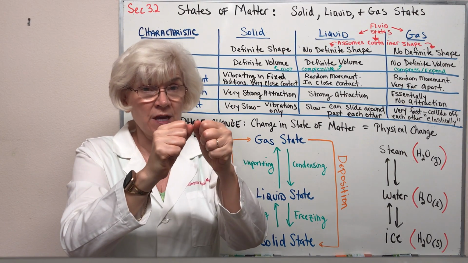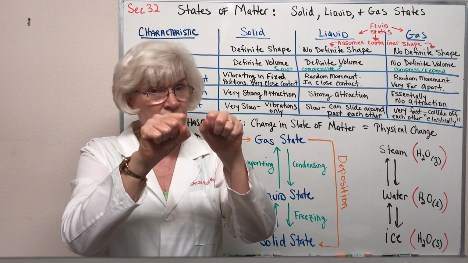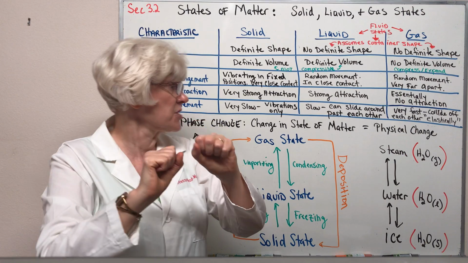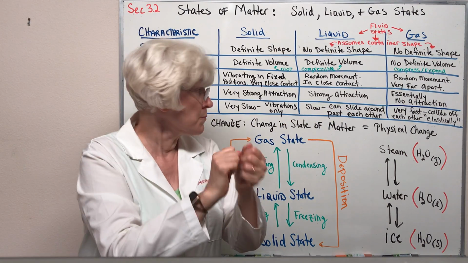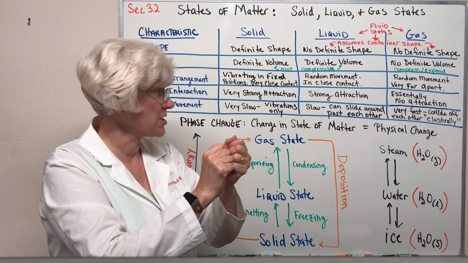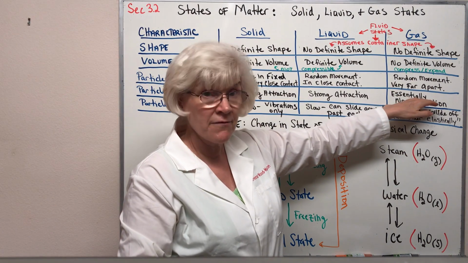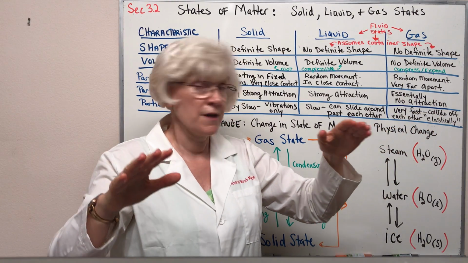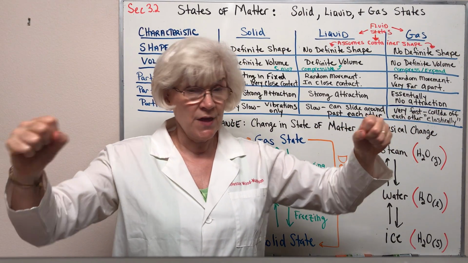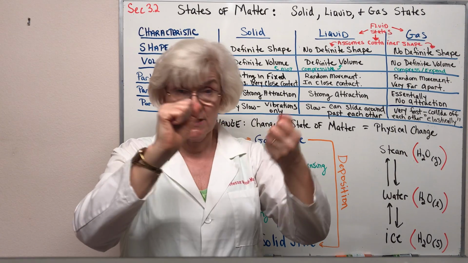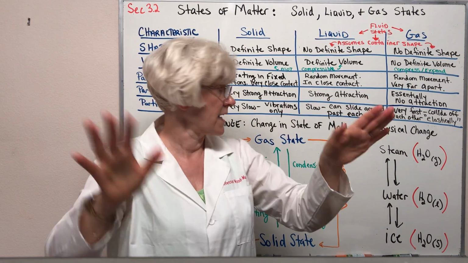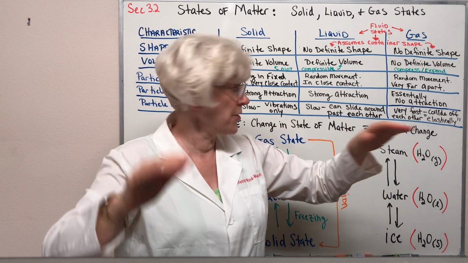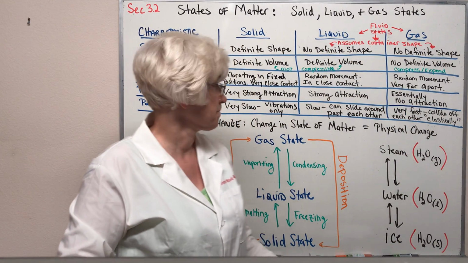They're attracted to each other, but that attraction is not so strong as to hold them in fixed positions relative to their energy level. So there is random movement and sliding past each other. By the time you have matter in the gas state, there is essentially no attraction for particles for each other. So they have no tendency to stick together in close contact. Very little, essentially negligible, attraction for each other.